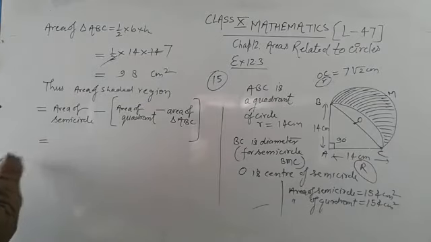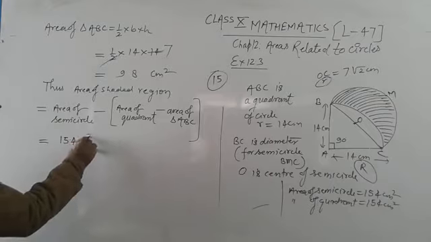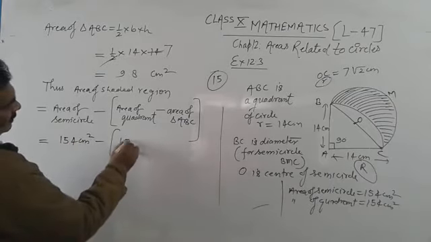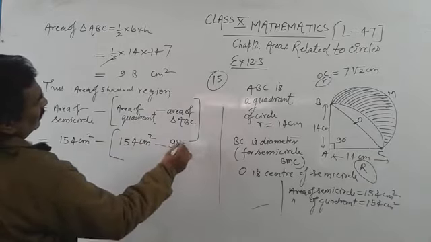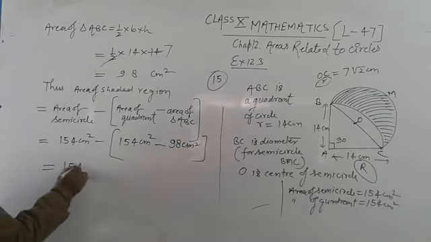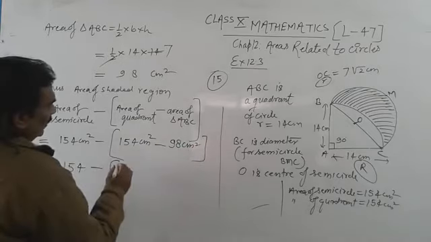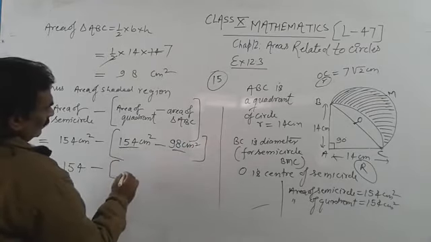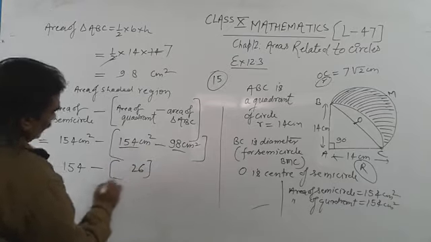Now the area of the semicircle is 154 centimeter square, minus, under bracket, the area of the quadrant is 154 centimeter square minus the area of the triangle is 98 centimeter square. So now students, 154 minus 98, then 6, 26.